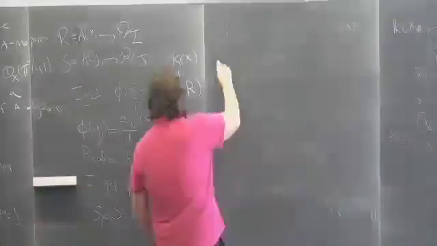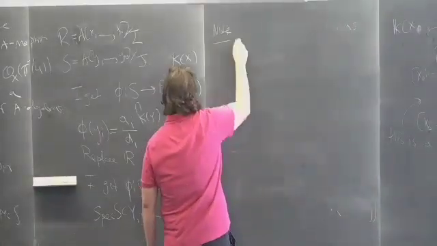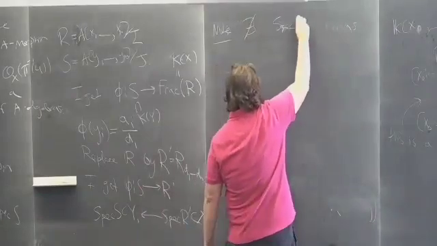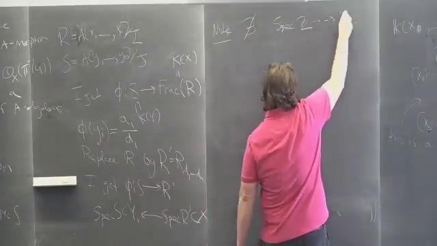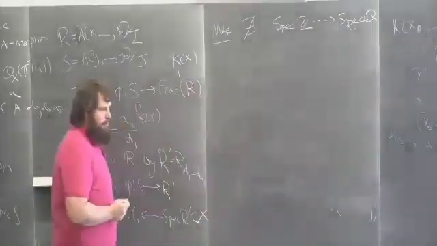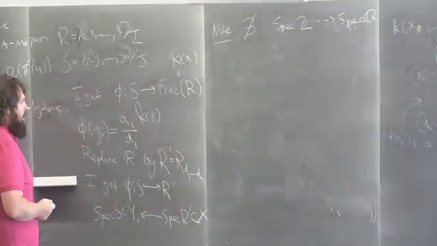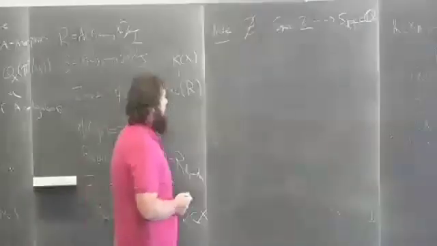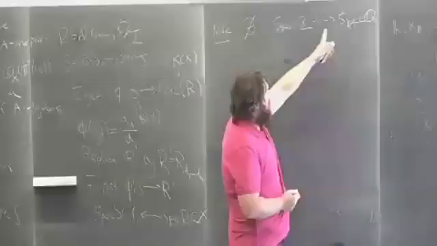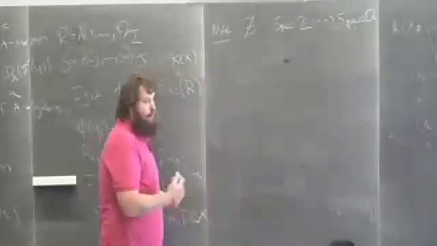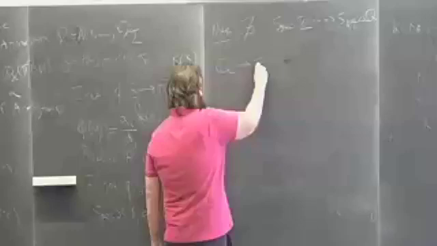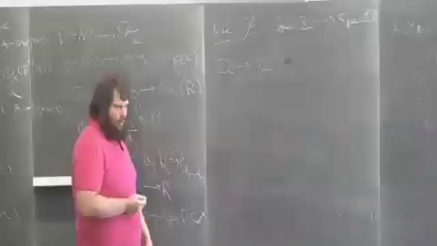So note, there does not exist a rational map from, like, spec Z to spec Q, even though they have the same fraction field. Right? The problem is an open subset of spec Z is only going to invert finitely many primes. And to get a map from here to here, I need to invert all the primes. Somehow I'm trying to construct a map from Q to Z. Well, that definitely doesn't work.